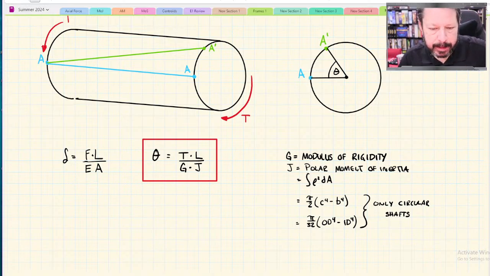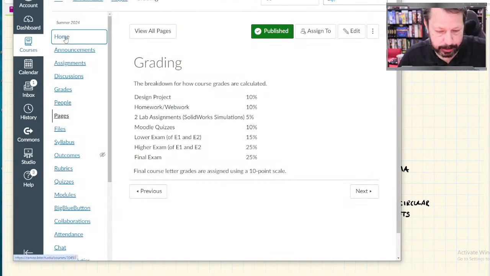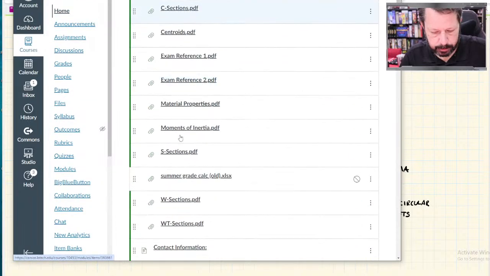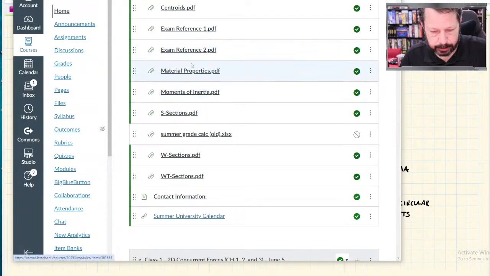There was a question: how do you know G? G is right beside E in our material properties chart. So we might as well go ahead and get one of those up. Here, material properties.